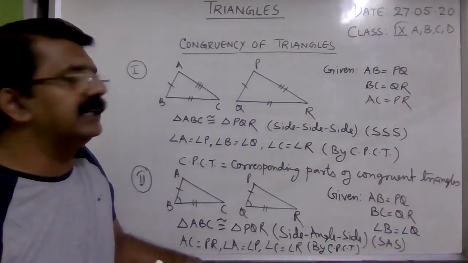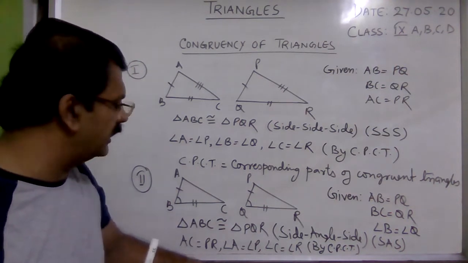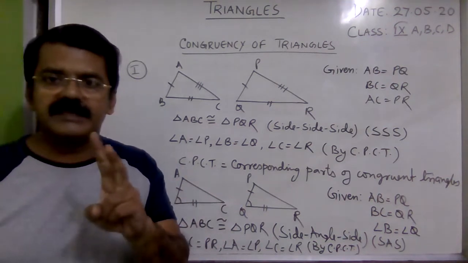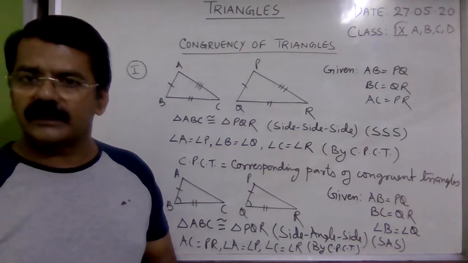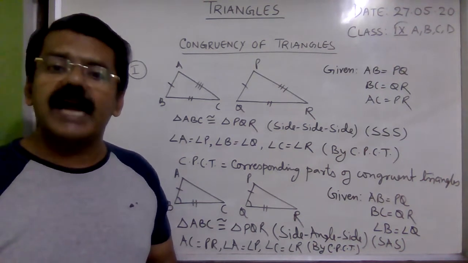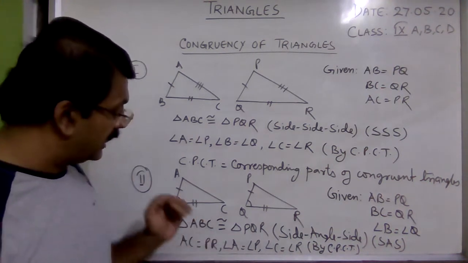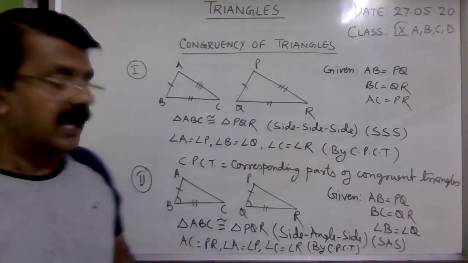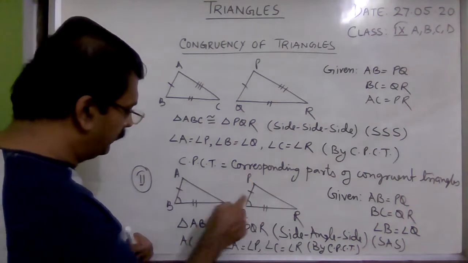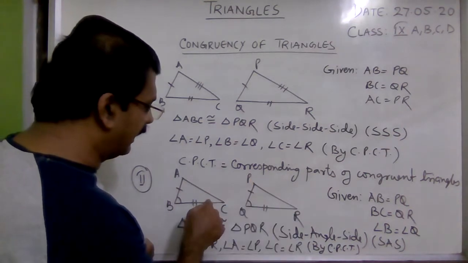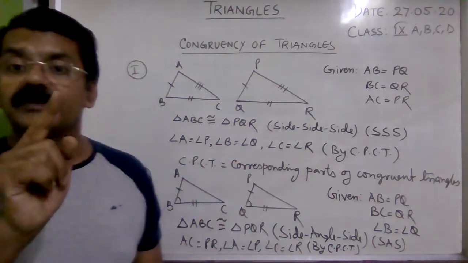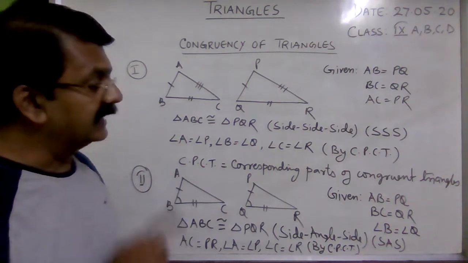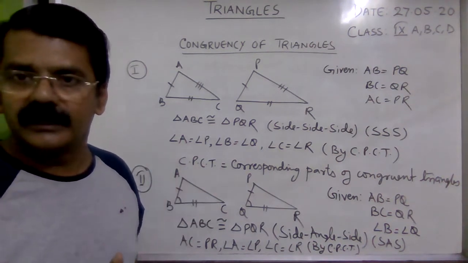Now in this criteria, always remember that the angle has to be the included angle. Means they have given two corresponding sides equal, then the angle should be the angle between those two sides. If they have given that AB is equal to PQ and BC is equal to QR, and then they have given angle C is equal to angle R, then that information is not sufficient to say that these two triangles are congruent.